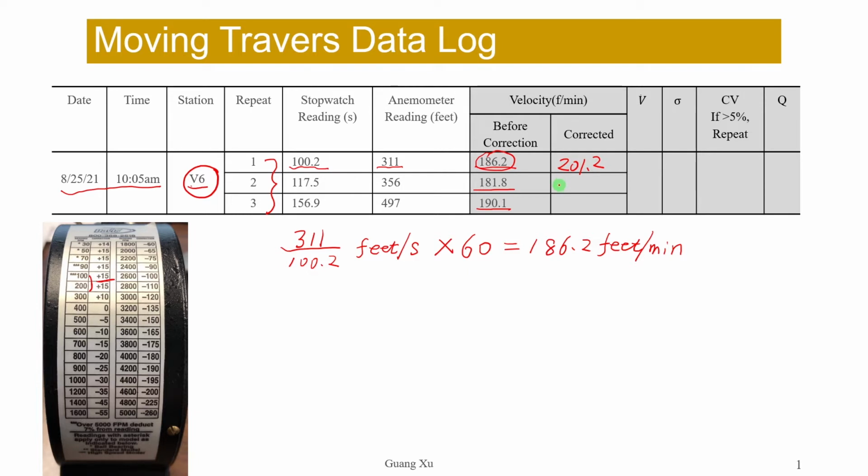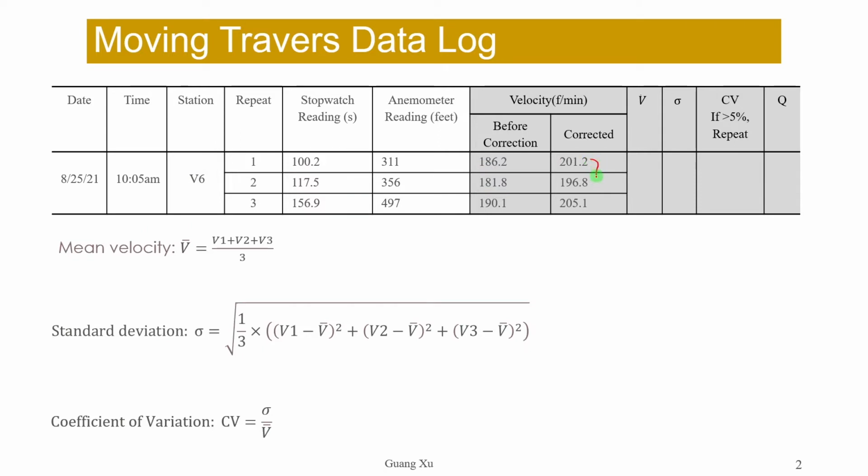Using the same method, we can correct the readings for these two values. Once we get this corrected velocity value, we will need to calculate the errors of the three measurements and make sure the error is less than 5% to ensure the accuracy of a measurement. Otherwise, we will need to perform additional measurements until the error is less than 5%.